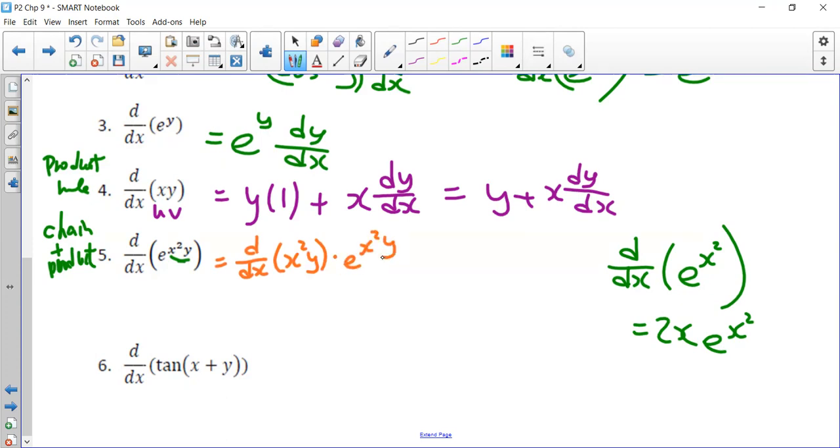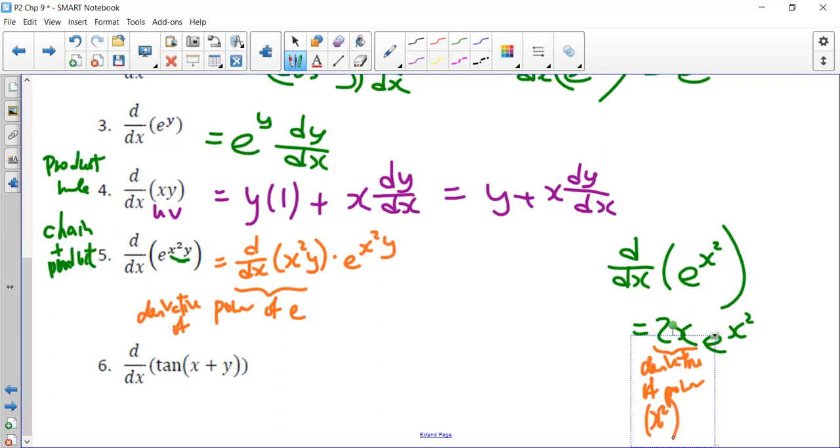Again, this is the derivative of the power of e, and then we multiply by e itself. Like on the side here, this 2x is the derivative of the power, where the power is x squared. We differentiate x squared to get 2x. The same thing here: you differentiate the power and then multiply by e itself.